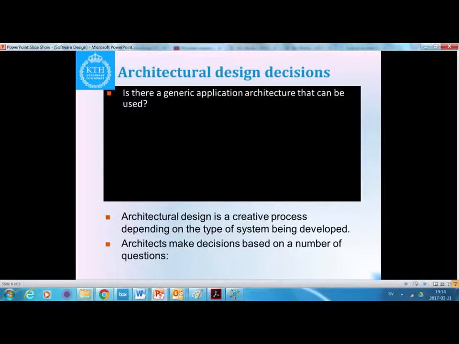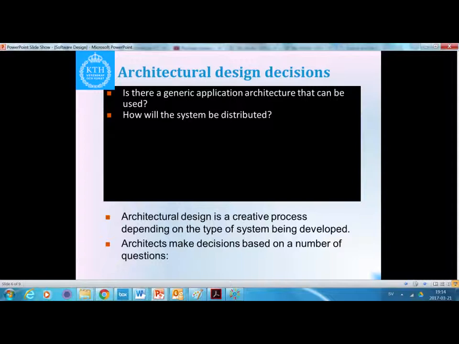Some of them are: before you start creating any architectural design, you must check whether there is any generic application architecture that you can reuse, either something that is available to the public, or maybe some architectural design that may be reused within the company.